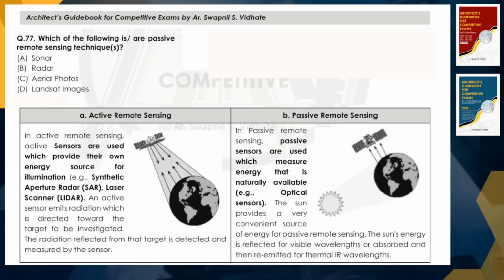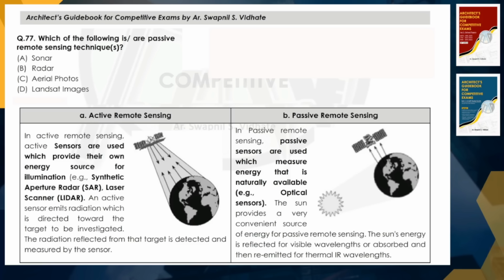Active remote sensing includes active sensors which provide their own energy sources. So sonar and radar provide their own energy source to capture the data. On the other side, in passive remote sensing, passive sensors are used which measure the energy that is naturally available. So for aerial photos and Landsat images, you don't need a separate energy source, right? But for sonar and radar, you need their own energy source.